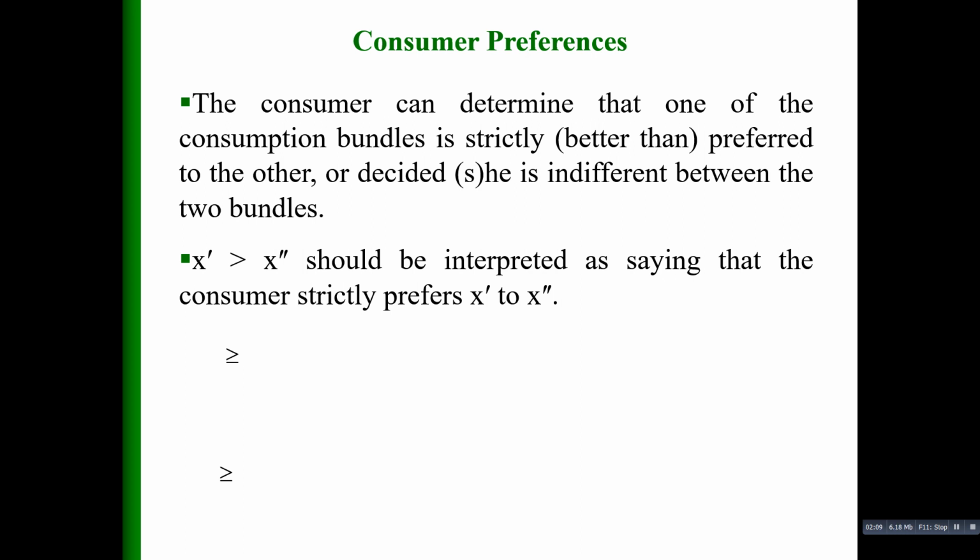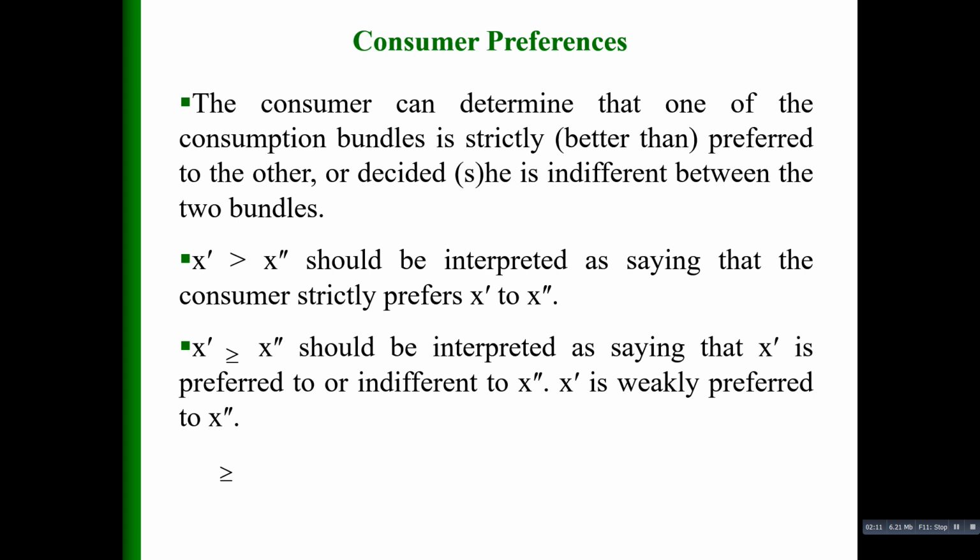X prime is strictly preferred to x double prime should be interpreted as saying that the consumer strictly prefers x prime to x double prime. Similarly, x prime greater than or equal to x double prime should be interpreted as saying that x prime is preferred to or indifferent to x double prime.